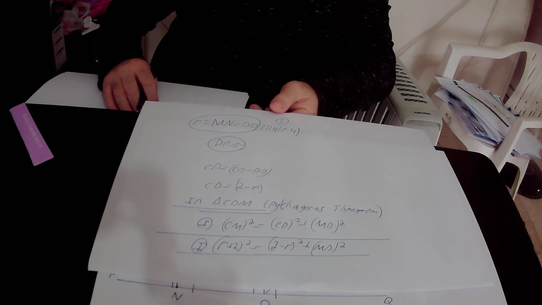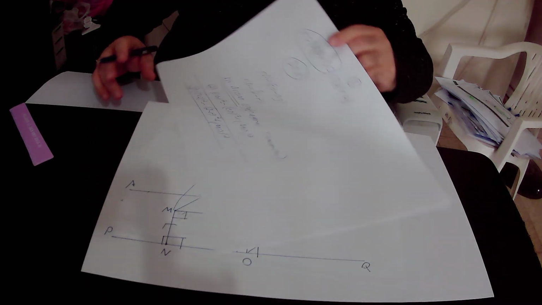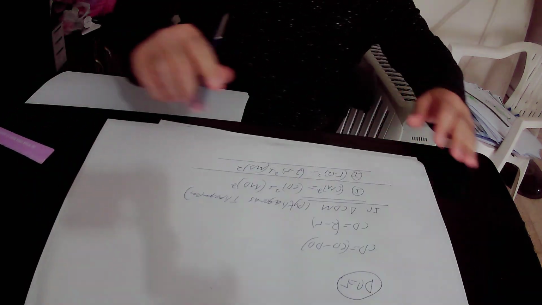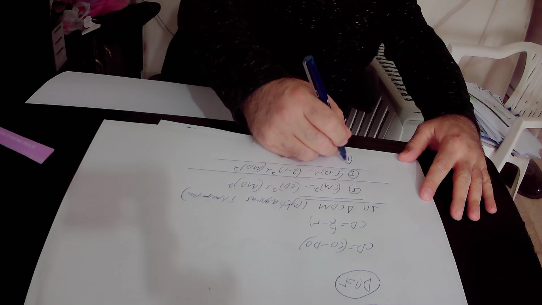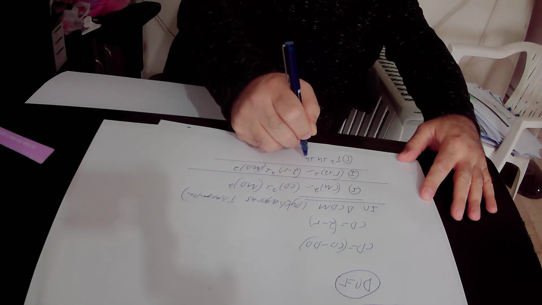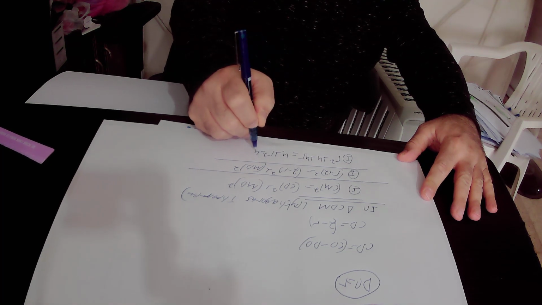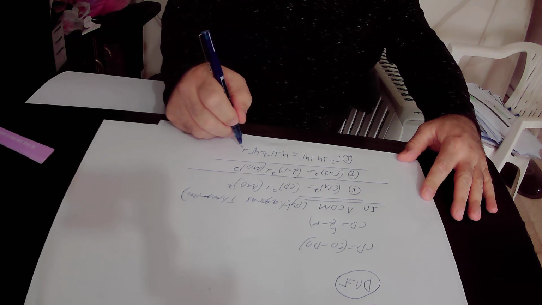Here we will open the brackets on both sides of equation number 1, and we will get that R plus 2 squared equals R squared plus 4 plus 4R, and 2 minus R squared is 4 plus R squared minus 4R plus MD squared.